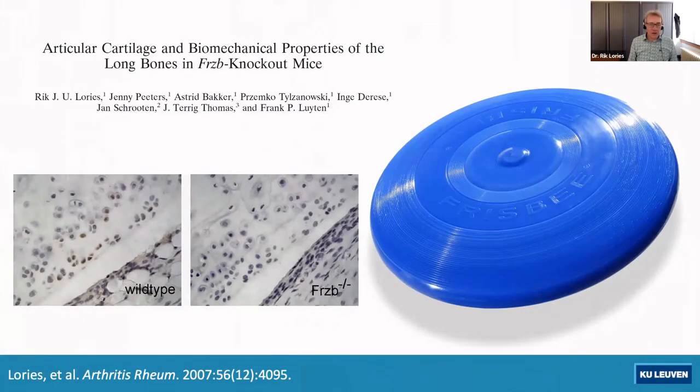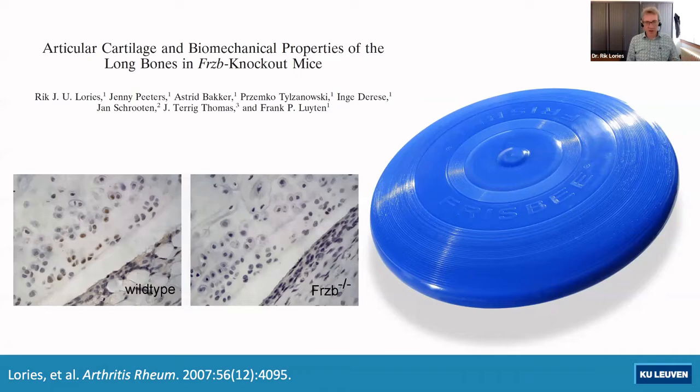And actually that work started a long time ago during my postdoc when we studied a new knockout mouse, which was a knockout for a molecule called secreted frizzled-related protein, or FRZB, and that is a secreted Wnt antagonist. A couple of years before that, John Loughlin and Maribeth Carr from Newcastle and San Diego had suggested by a genome-wide study that there may be links between polymorphisms in the gene encoding FRZB and osteoarthritis, and we were at that point developing a new knockout mouse, mainly for developmental biology use, but it turned out these mice did not have a phenotype.